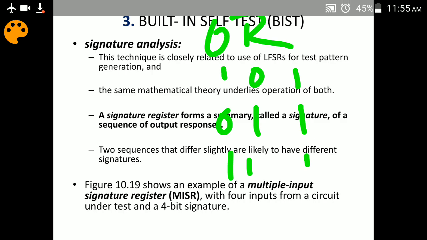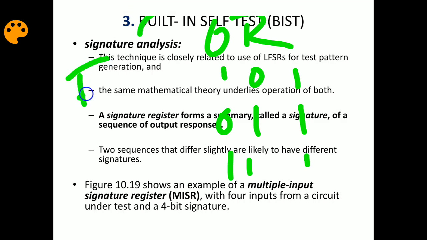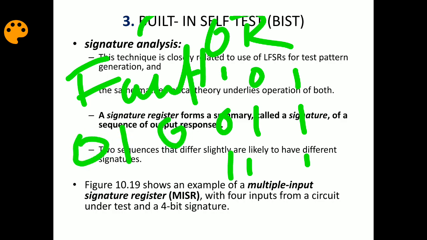But in a faulty circuit for the OR gate, for 0 1 it is giving 0, for 1 0 it is giving 0, and for 1 1 it is giving 0.